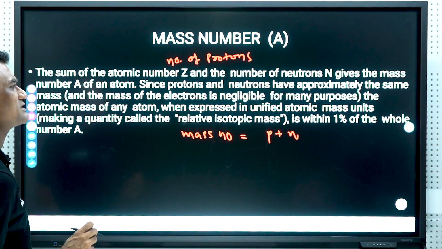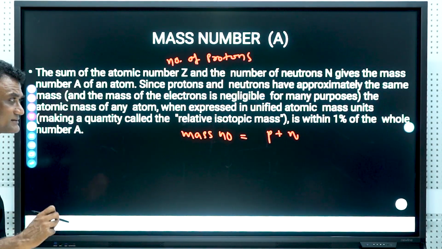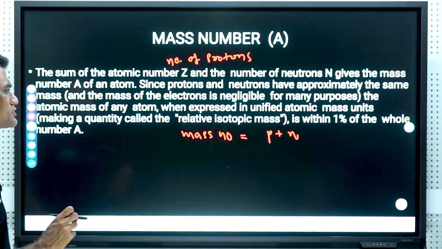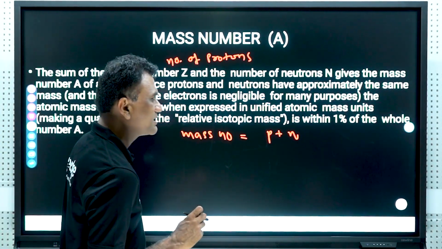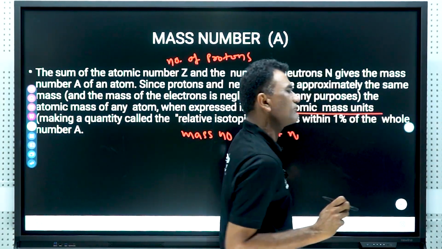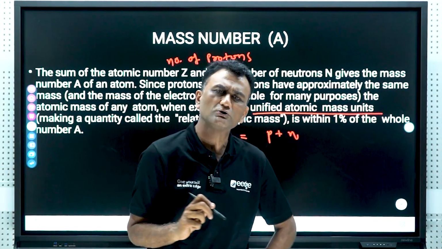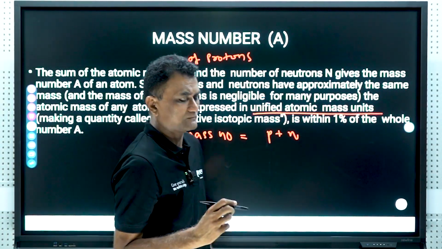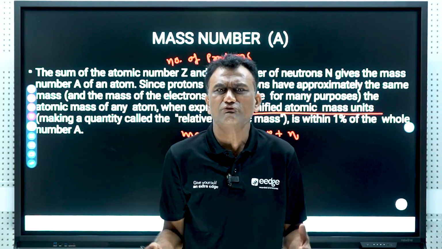Since protons and neutrons have approximately the same mass and the mass of an electron is negligible for many purposes, the atomic mass of any atom when expressed in, now this term will be defined later on. I'll take the entire video on this, right? So at present you don't need to worry, you just need to know that, see, I have a certain weight.